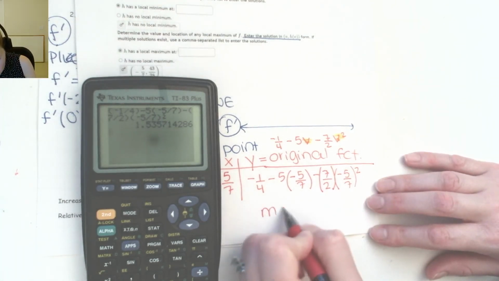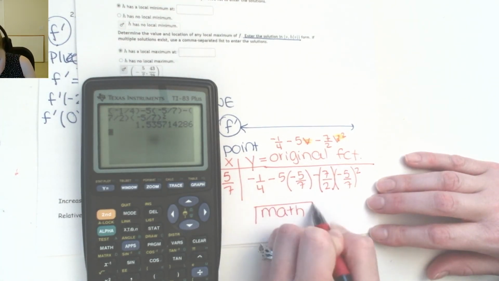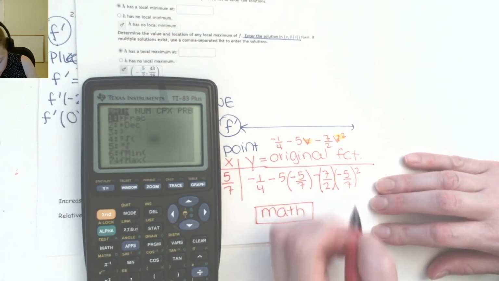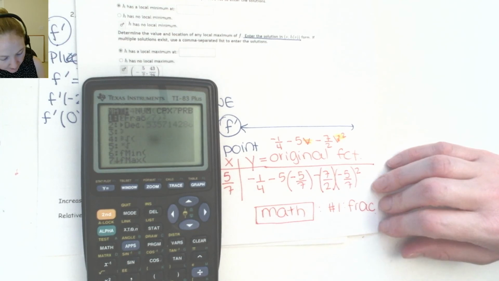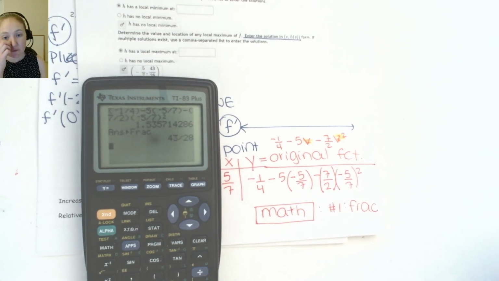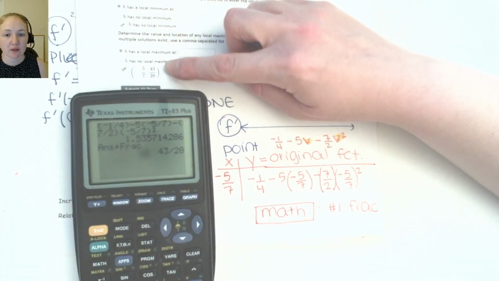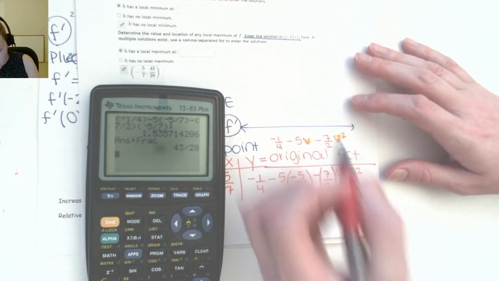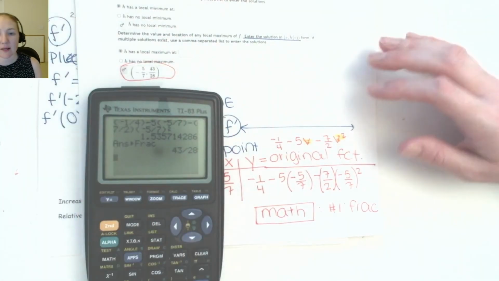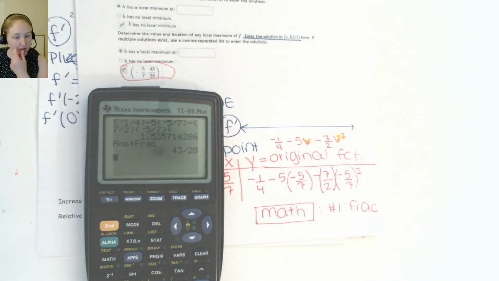Then remember you can hit the math button followed by number one fraction. And if it's possible, it will convert your decimal approximation to the fraction that they want, because they do want a fraction. Okay, so that's where you would get the 43/28. So your point again would be the negative 5/7 comma 43 over 28.